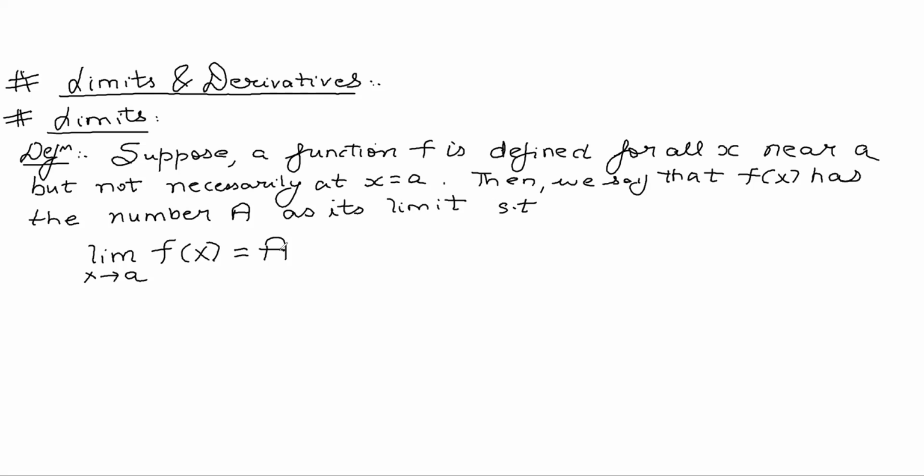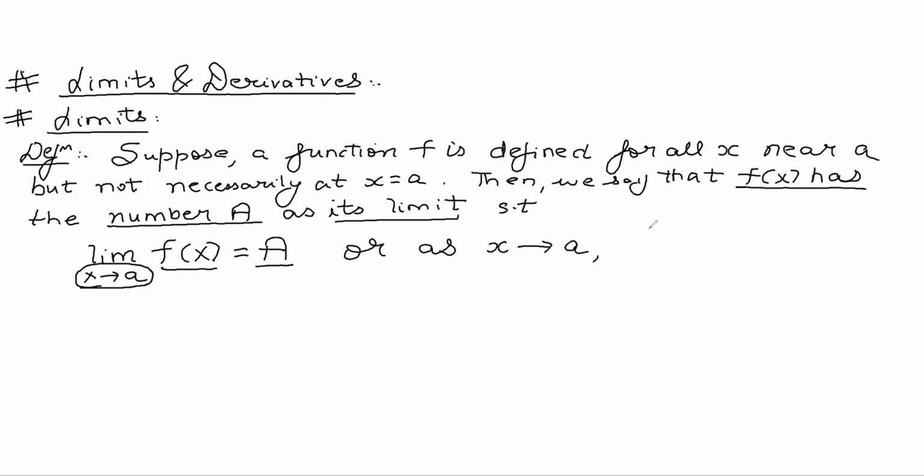We say that the function f of x will have the number capital A as its limit, such that as small x tends to small a, f of x tends to capital A. So we can write it like this: as x tends to small a, f of x tends to capital A. We can write it like this also, but usually we will be preferring this notation.